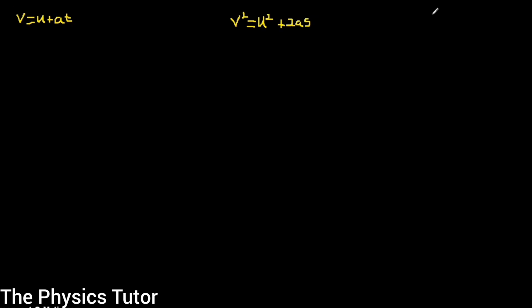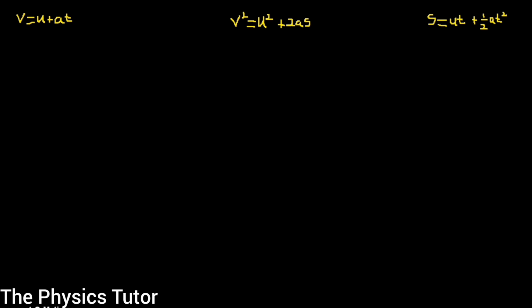And finally, the third equation of motion is s is equal to ut plus half at squared. These are the three equations of motion, also known as Newtonian equations of motion.